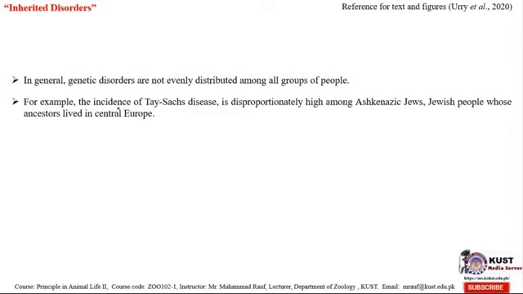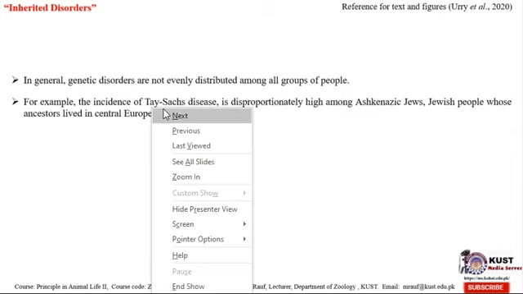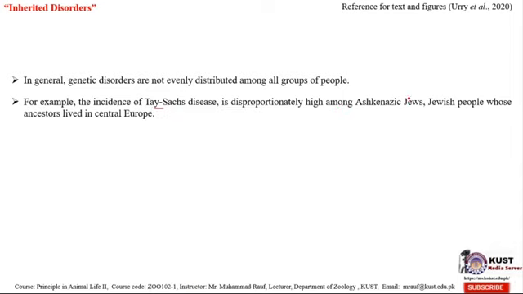So the incidence of Tay-Sachs disease is disproportionately high among Ashkenazi Jews, that is Jewish population whose ancestors lived in Central Europe. So this condition is more common in people belonging to this particular group.